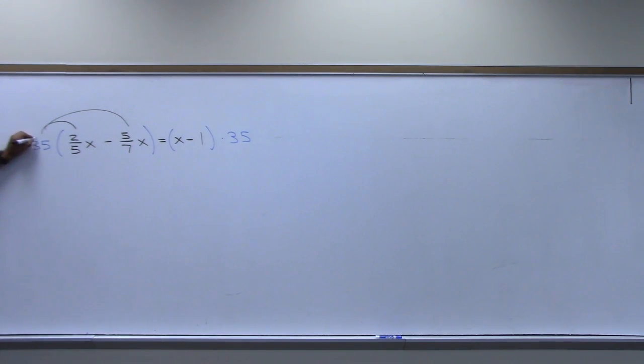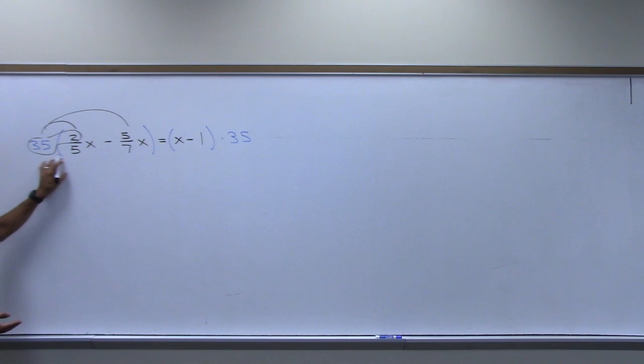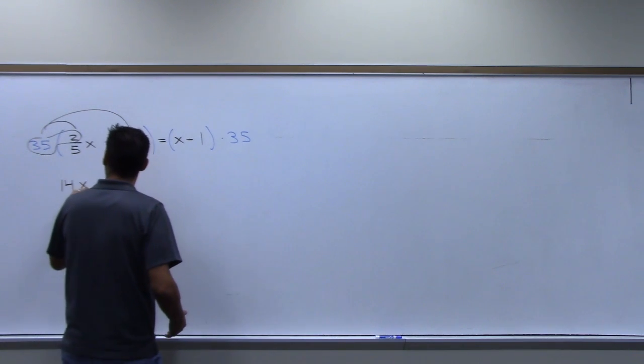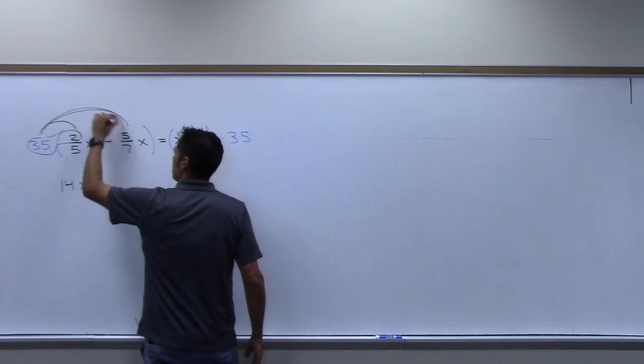Or you could multiply 35 times 2, which is 70, and then divide by 5, and you would get 14. So it's the same thing. No matter what, you're going to get 14x. Are y'all okay with that? Yes? Okay. 14x.